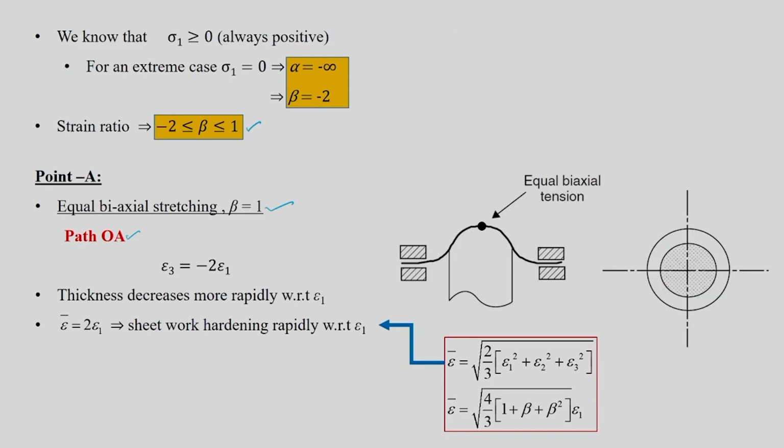Okay. So, what are the salient features in this? This beta is equal to 1 can be seen in this type of situation. Okay. What is the situation? There is a circle and the circle is going to become a bigger circle. So, it will become a concentric circle. Okay. And you will see this type of situation in a circle which is inscribed on the uppermost point when you do this kind of deformation.